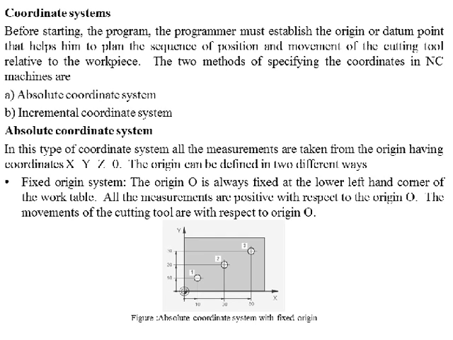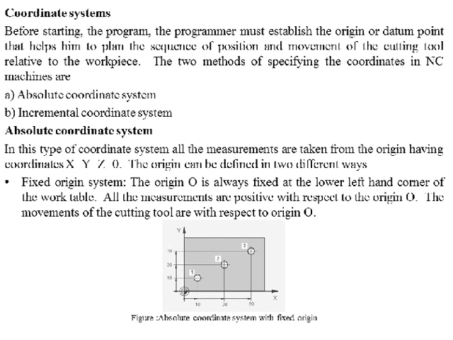Therefore the movements of the cutting tool are with respect to the origin O only. We can see in the figure there are three holes to be drilled, and the positions of all these three holes are taken from the origin O.